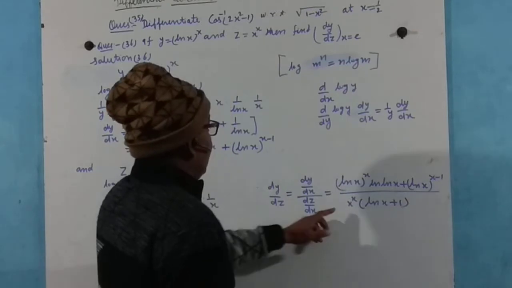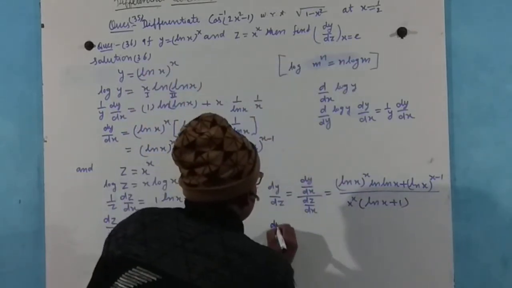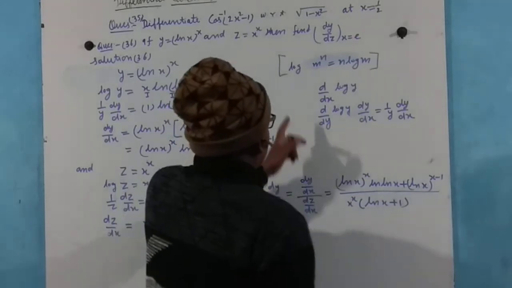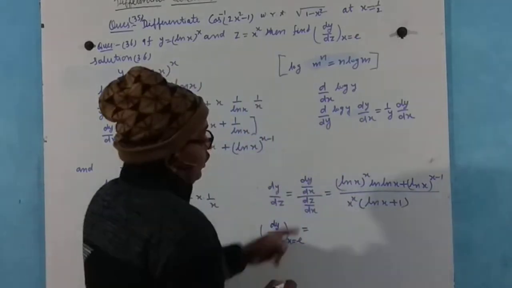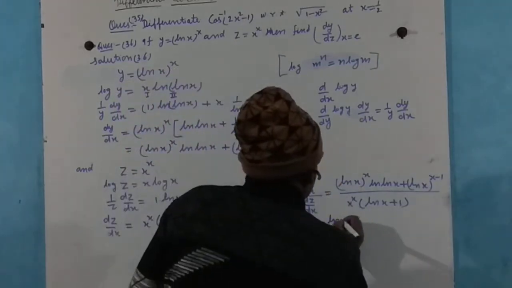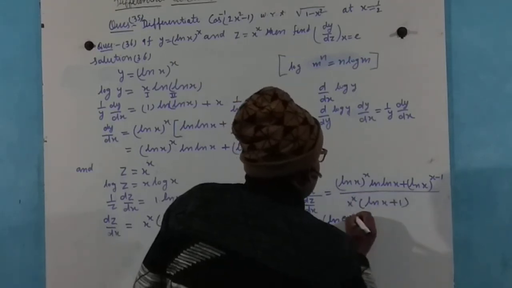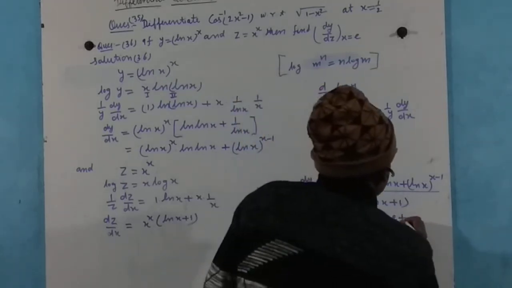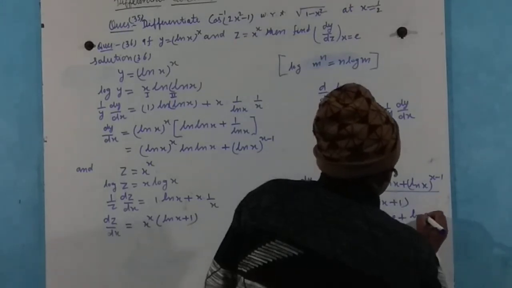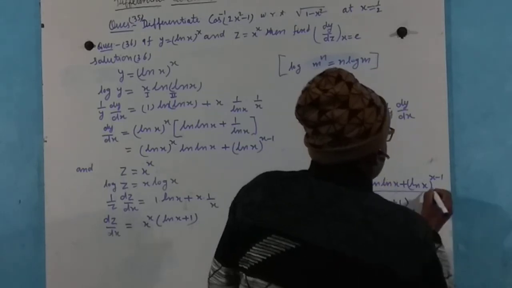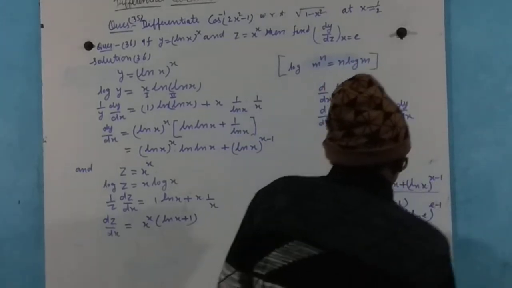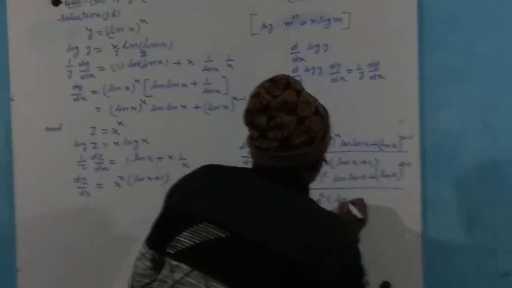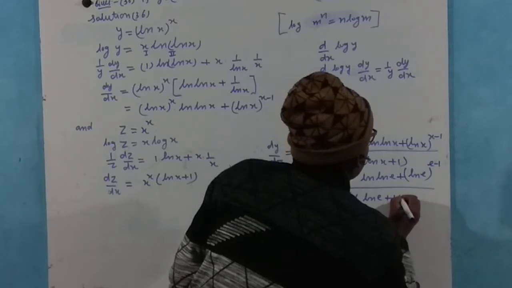Putting x equal to e, we get ln e to the power e times ln ln e plus ln e to the power e minus 1, divided by e to the power e, times ln e plus 1.